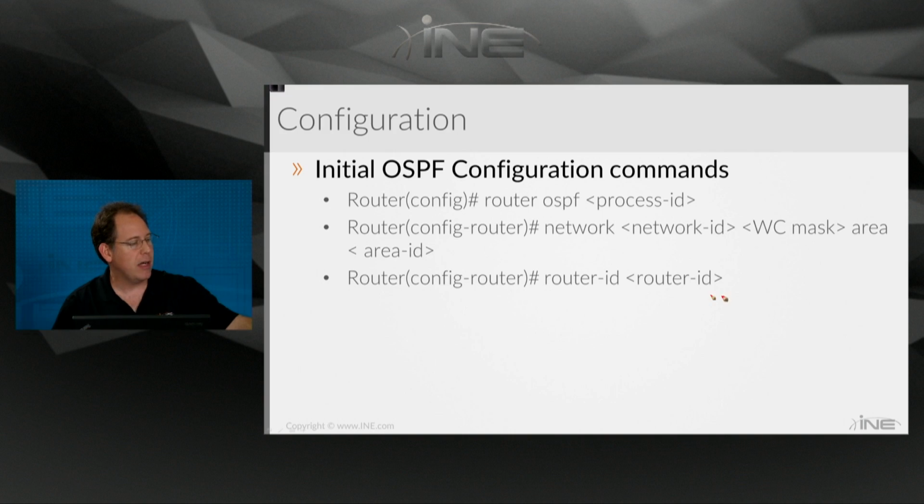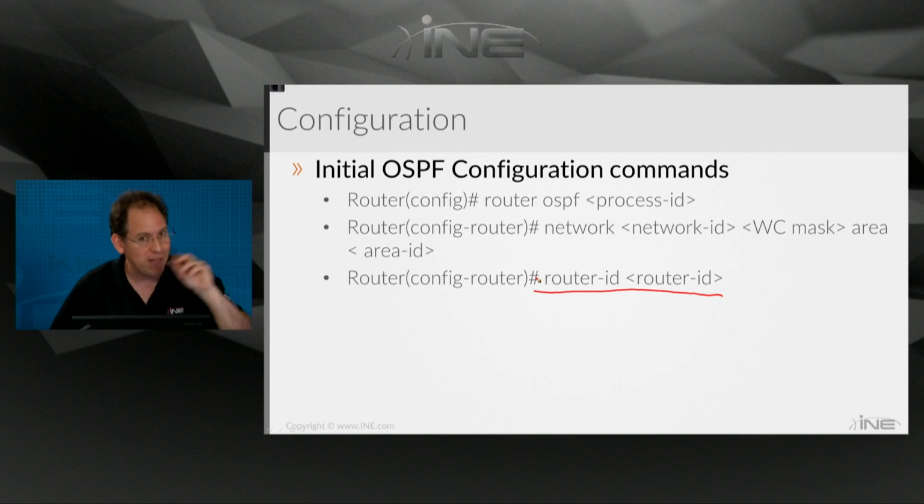Now the router will come up with a router ID by itself, but as you saw in the last video where we talked about designated routers and backup designated routers, you might want to deterministically set the router ID so that you can influence which router will become the DR or the BDR. And remember, every segment that needs a DR is a unique segment.